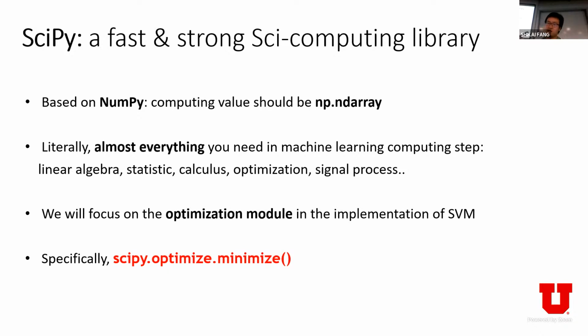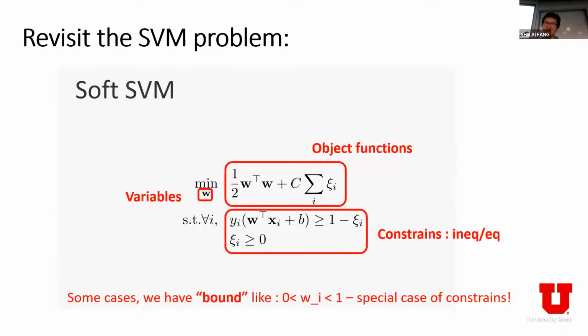The function I list here is scipy.optimize.minimize. This is a key function you will use in your assignments or projects after 2 or 3 weeks. So I just give you a tutorial right here, and when you reach them after 3 weeks, it's probably smoother to start from my slides.